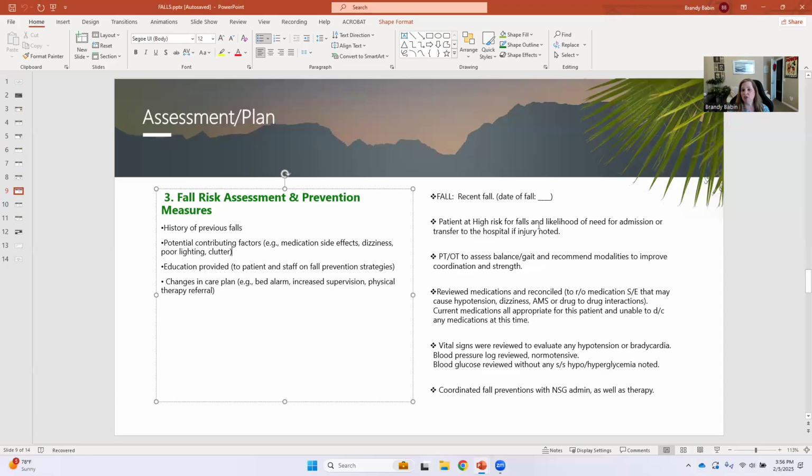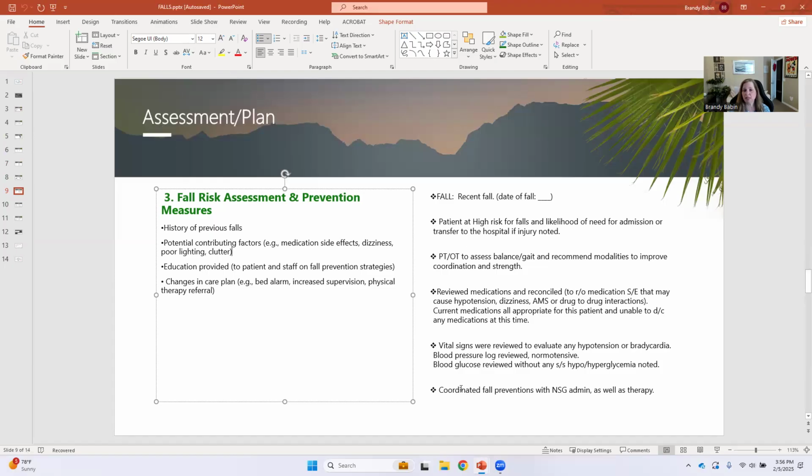Patients at high risk for falls and likelihood of need for admission, PT and OT to assess balance and gait, reviewed medications and reconciled to rule out medication side effects. And then vital signs were reviewed to evaluate any hypotension or bradycardia, blood pressure log reviewed, blood glucose log reviewed, and then coordinated falls. So all of this is part of your fall assessment and plan.